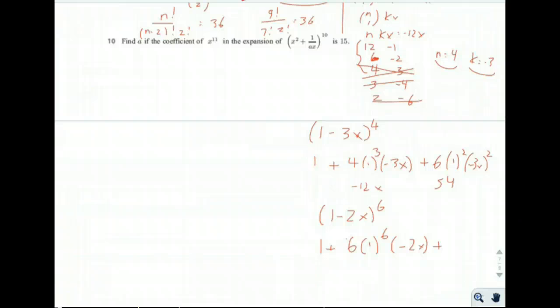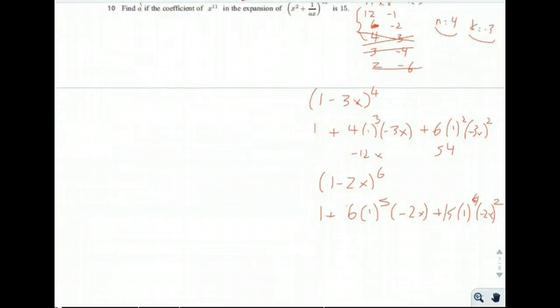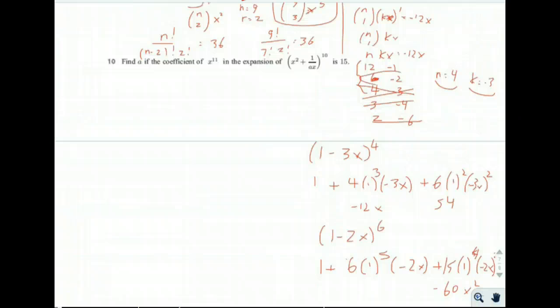It would be 15, according to Pascal's triangle. 1 to the 5th, negative 2x to the, oops, this wasn't to the 6th, it's to the 5th, but it doesn't make any difference, right? And this is to the 4th. And this is to the 2nd. So it would give us negative 60x squared. Yeah, so we got the right answer. So the combination would be n equals 6, k equals negative 2.